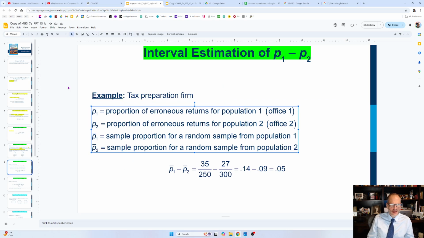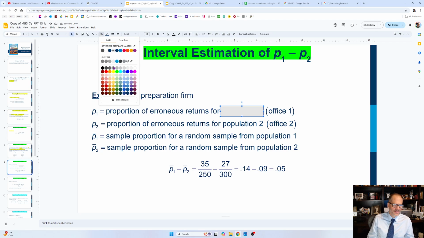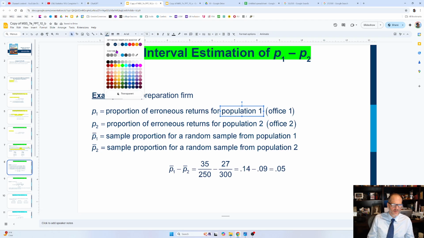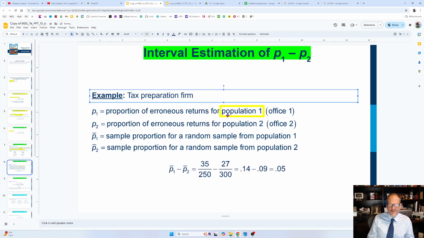So if I wanted to do these, I would have to come in here and get a box, and I'm not going to do it. Then I put a box around this, get rid of the fill, and add a border, yellow, size 8. I could do that for population. I guess I am going to do it.